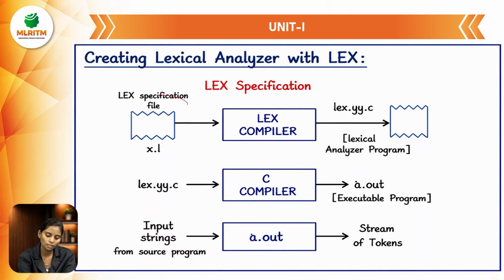First of all, it contains a lex file. In previous classes we talked about a source file. The source file is whatever program we write in a programming language. It is going to be compiled and will generate an executable file. While compiling, it generates a binary coded file, that is an object file.